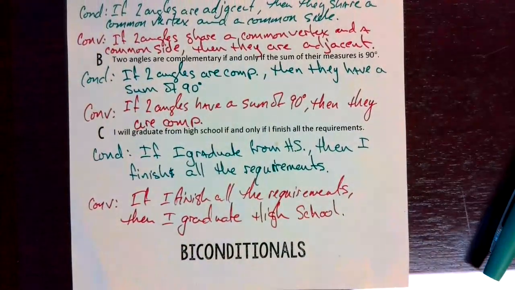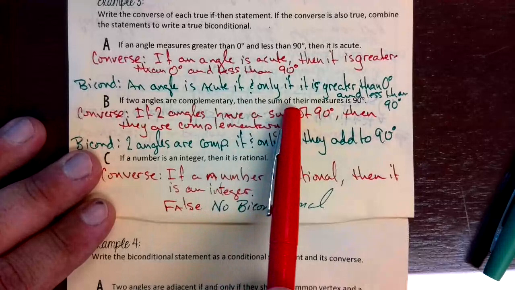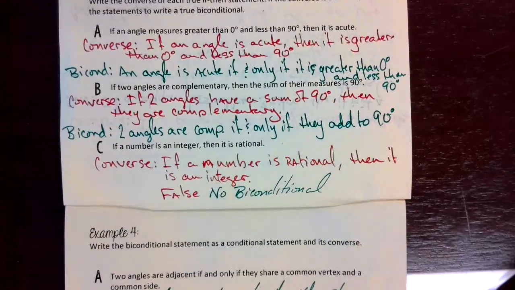So it's really kind of just a lot of practice still with what we have been doing. It's just back up here. It's this if and only if, and that if and only if always goes in the center of the sentence. Don't try to put that at the beginning or at the end. Make sure that that goes in the center of the sentence.